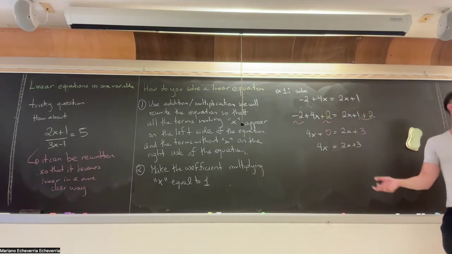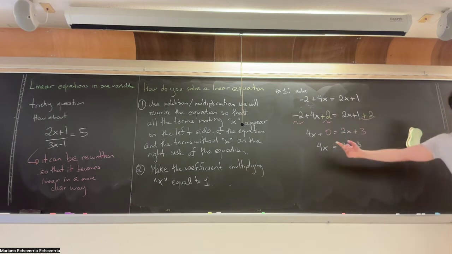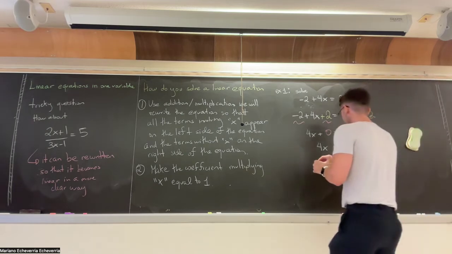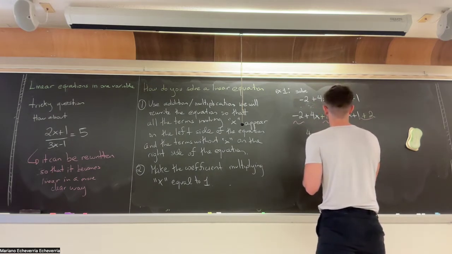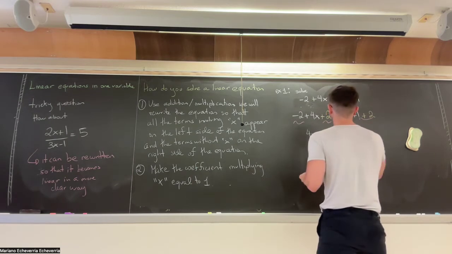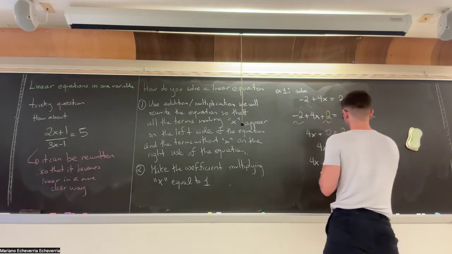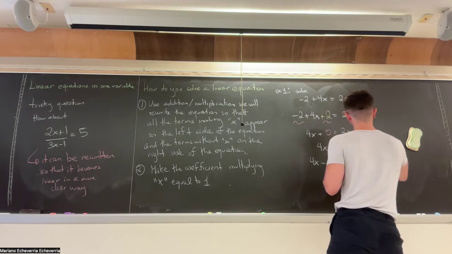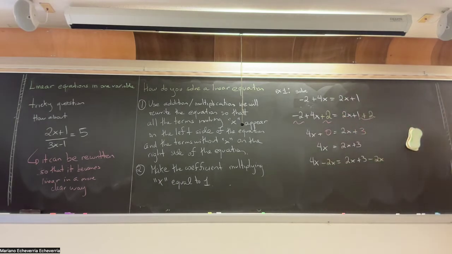So to take care of that, I add the opposite of 2x to make a 0, just as I did with the 2. So I'll do 4x minus 2x. It looks a little bit weird like this, but I'll just subtract it on both sides, which is like adding negative 2x.